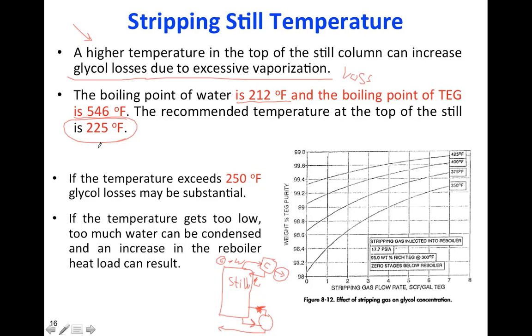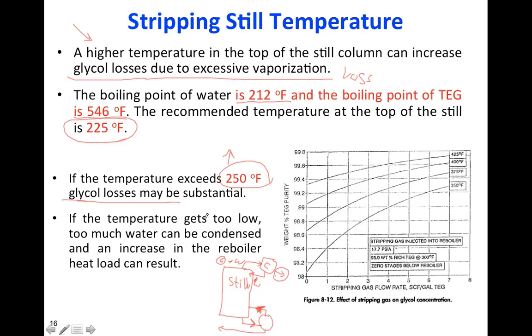But if we increase this temperature more than this value, there is a chance that we will also vaporize the glycol. If this temperature goes to something like 250 or even above, there is a high chance of losing glycol.